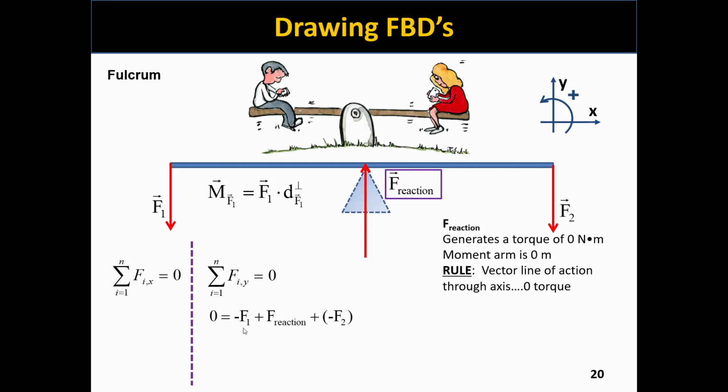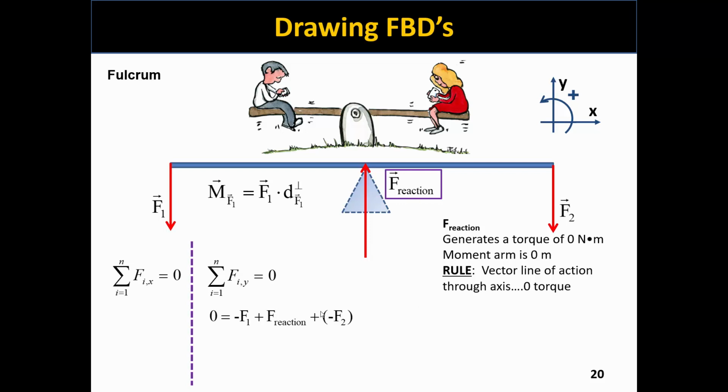So I have a negative F1, I move towards the right, I encounter another vertical force, which is F reaction. Remember, this was a guess. It seems intuitive, but we just guessed positive, and we put plus F reaction, and because this is a summation, we add the next vertical force, and it's an F2.